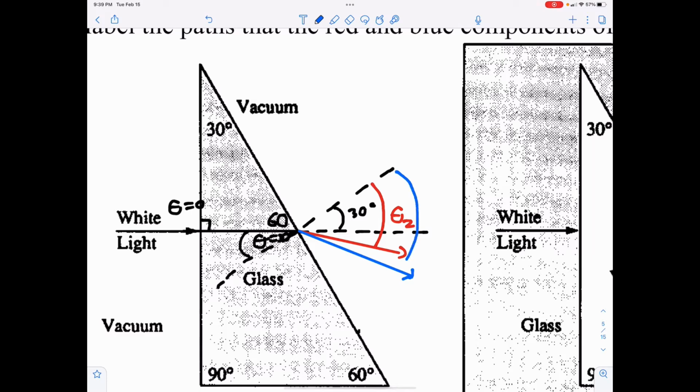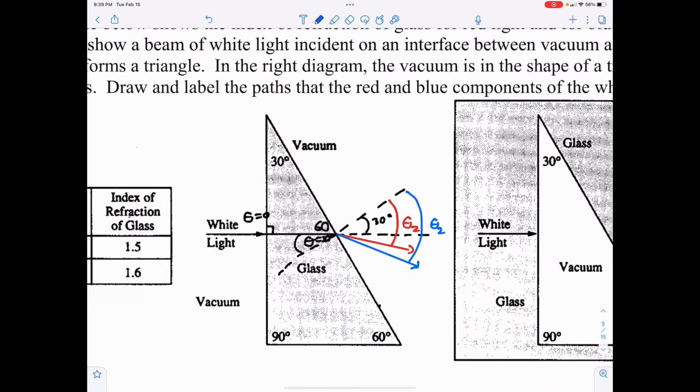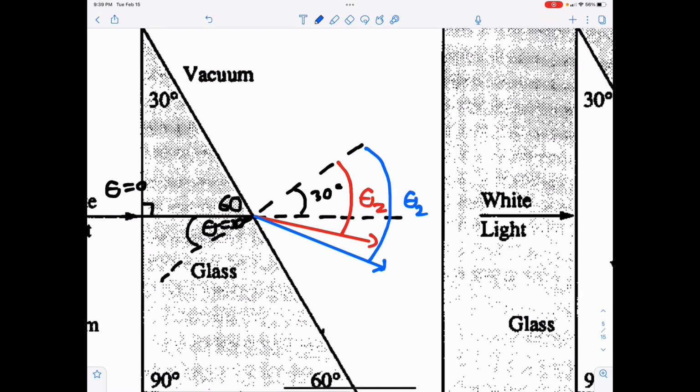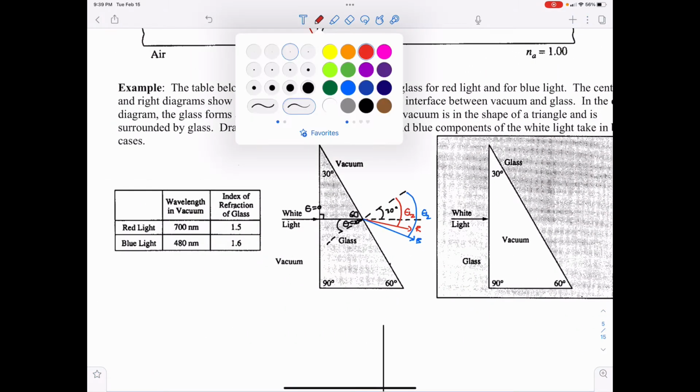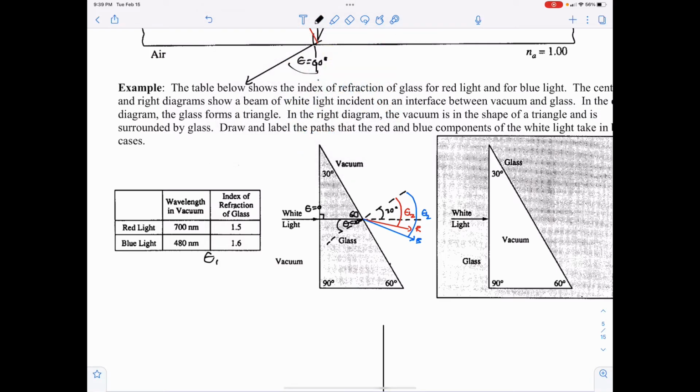So theta 2 for blue light is going to be larger. Okay, this is the blue. Okay, this is the red. And theta 1, as you can see, is going to be 30 degrees in both cases.